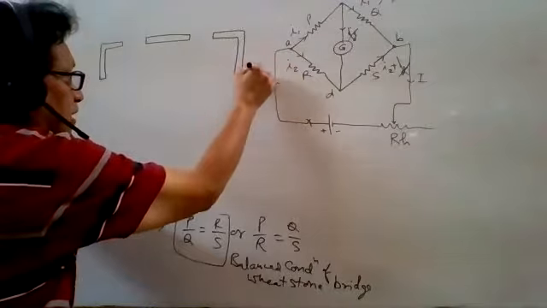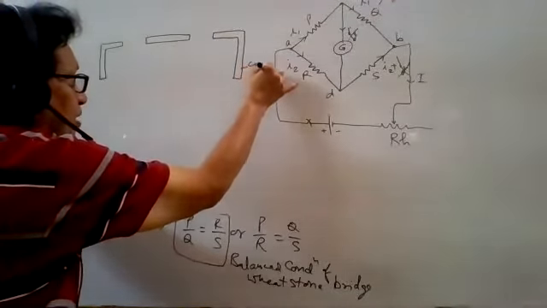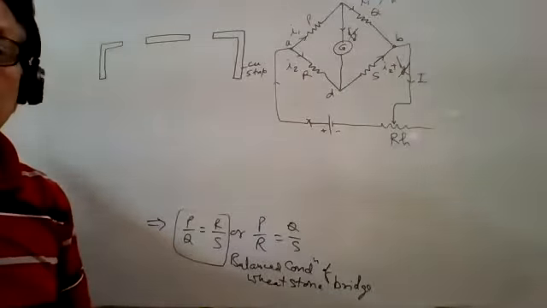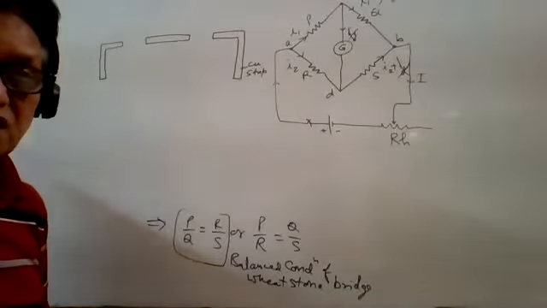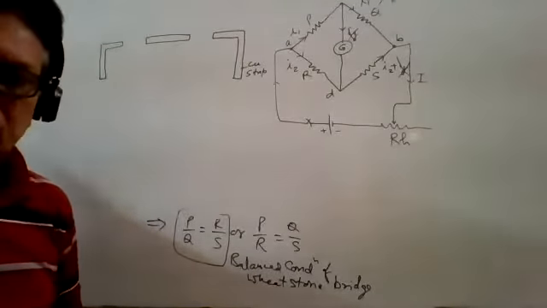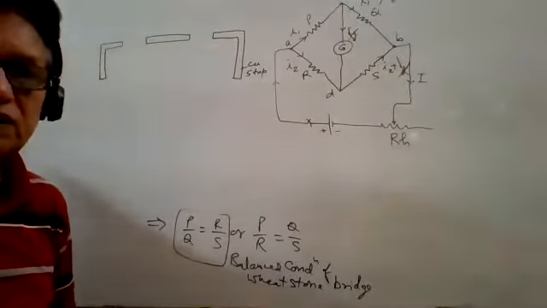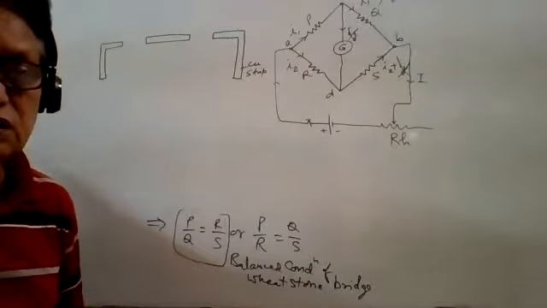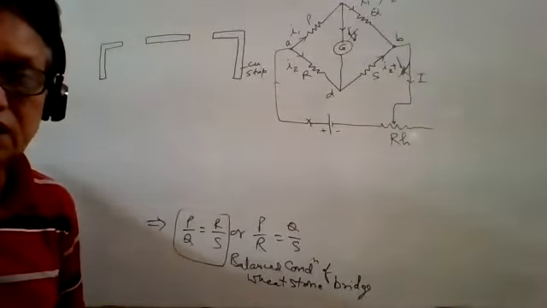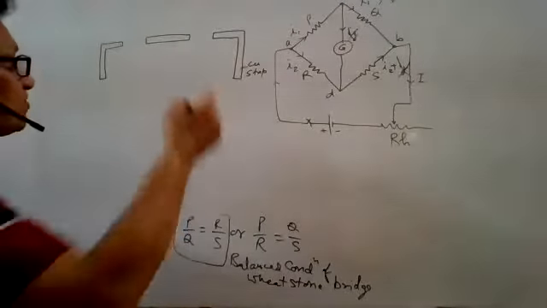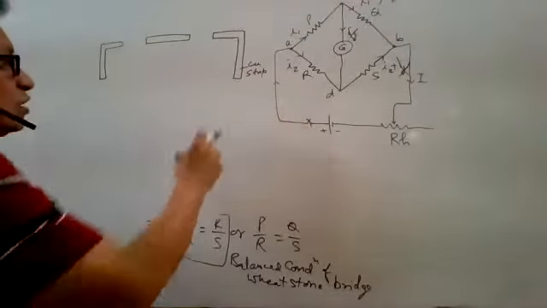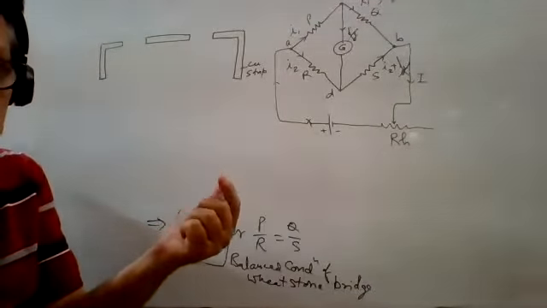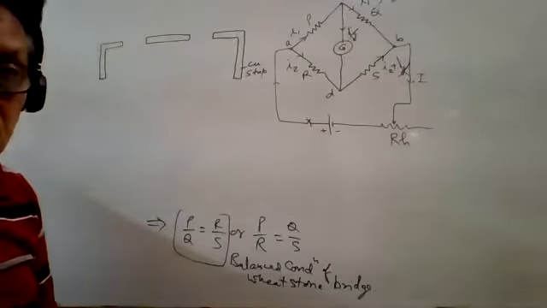Here are the copper strips, because the resistance of copper is very less. It is a very good conductor practically, although theoretically the best conductors are silver and gold, but because they are very costly, we are using copper. Practically, it is the best conductor, not theoretically. That's why we are taking copper, and the area of cross section is more, so resistance is negligible. That is why we are using copper strip.